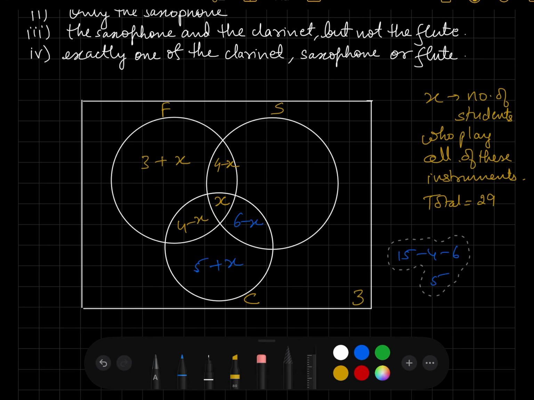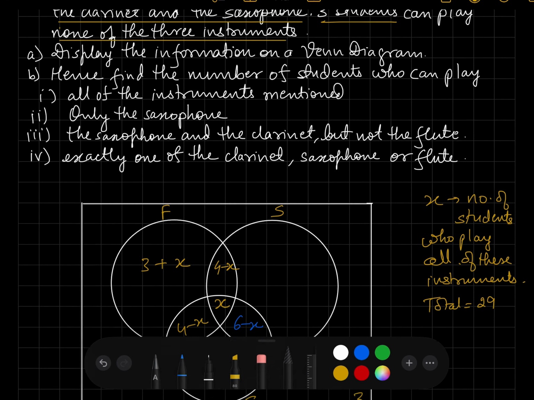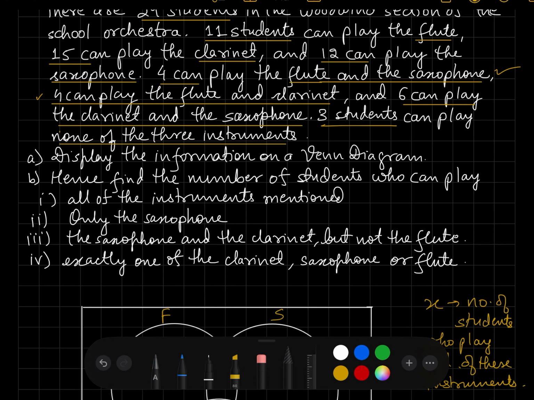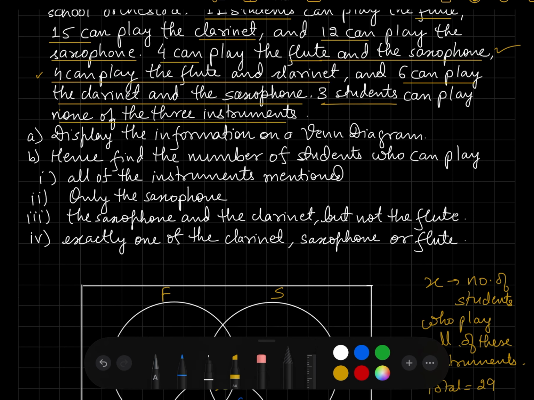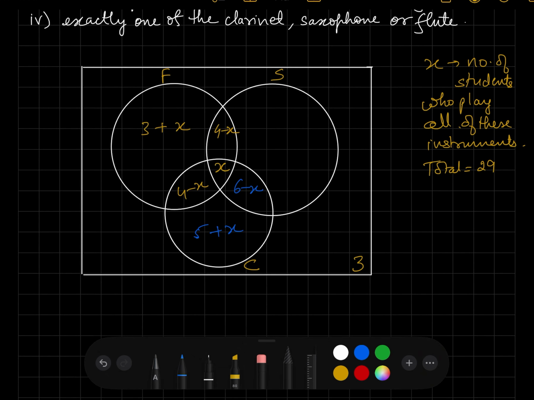Then 12 can play the saxophone, so 12 minus 4 minus 6, that is 12 minus 10, so it would be 2 plus x here.